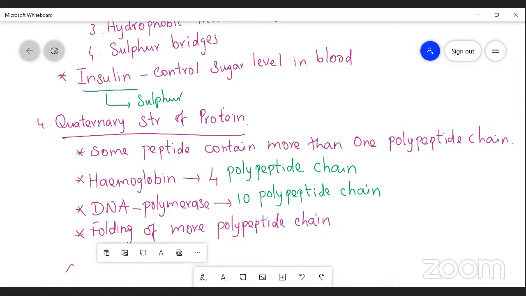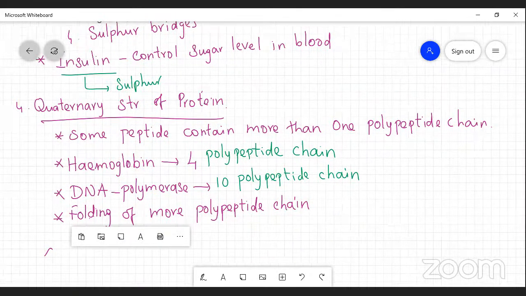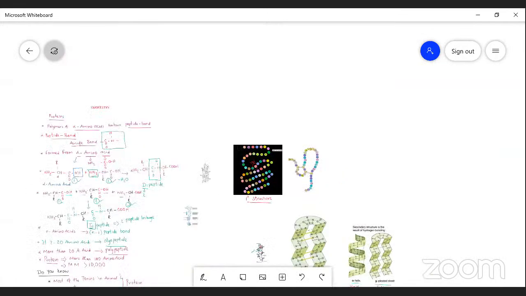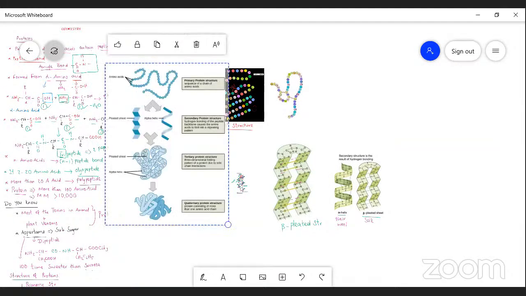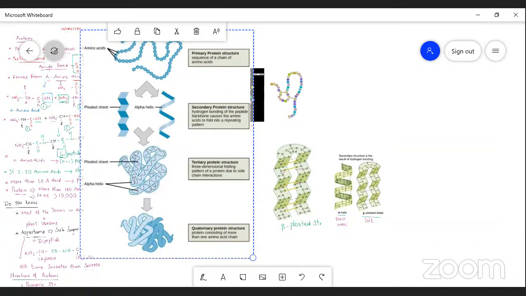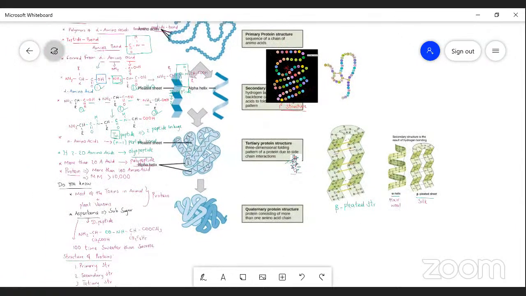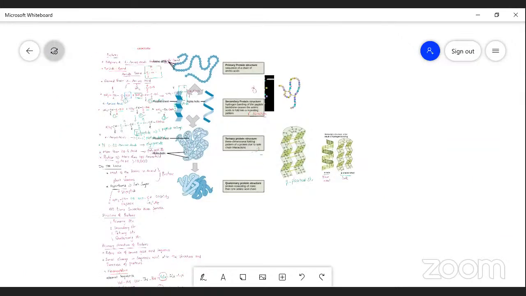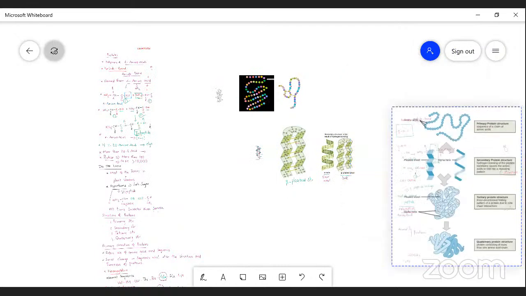So if you are taking a diagram here, we are taking all those primary, secondary, tertiary and quaternary structures of protein.